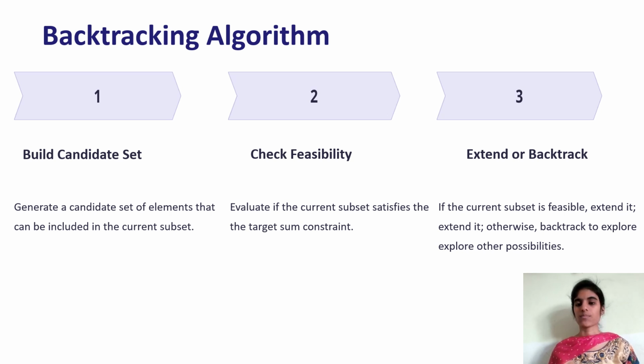And the third step is extend or backtrack. If the current subset is feasible, then extend it. Otherwise, backtrack to explore other possibilities. These are the three steps involved in the backtracking algorithm, and it is the most widely used algorithm for the sum of subsets problem and the n-queens problem also.